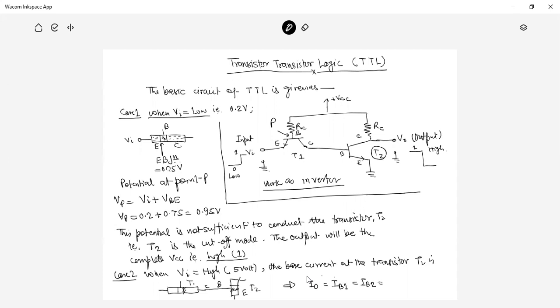Base current is equal to VCC minus VBC minus VBE divided by resistance R. So this is 5 volt minus 0.75 volt minus 0.75 volt, divided by 4 kilo ohm.